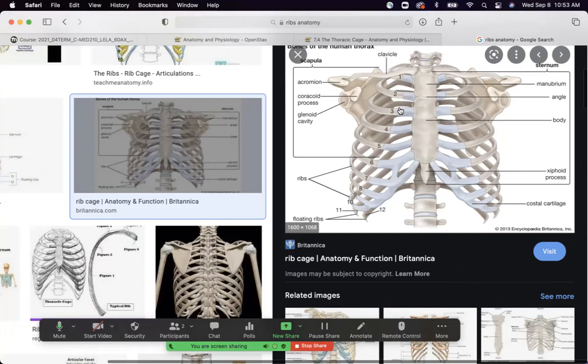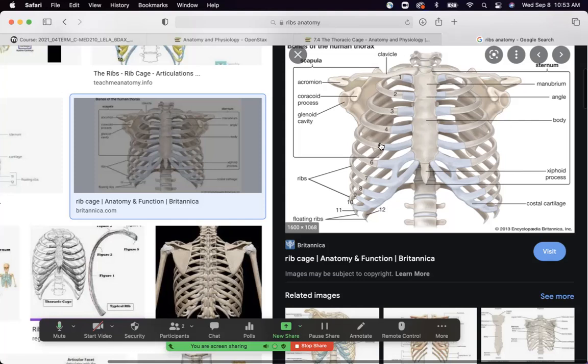So ribs 1, 2, 3, 4, 5, 6, and 7. You could see how they're all connected. Now, 8, 9, and 10 are called false ribs because they connect into the cartilage of rib number 7. And 11 and 12 do not connect, and those are called floating ribs, and the function of the floating ribs is to protect your kidneys in the back.